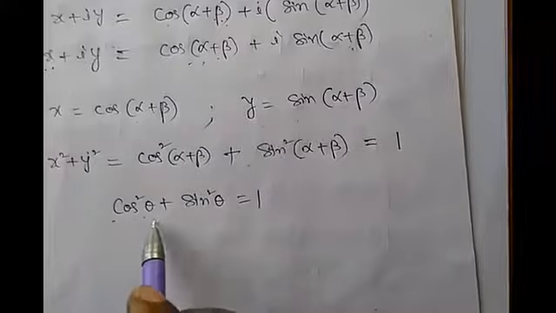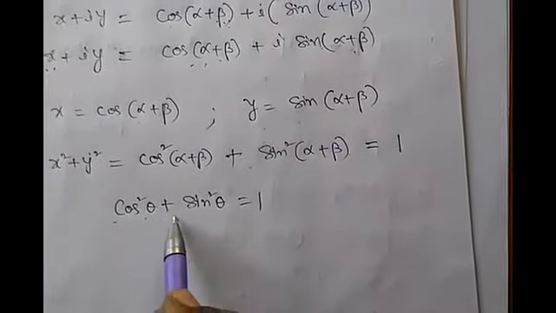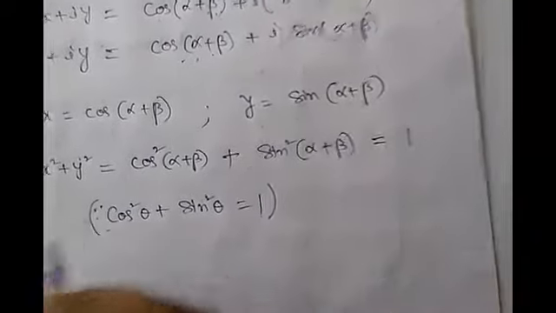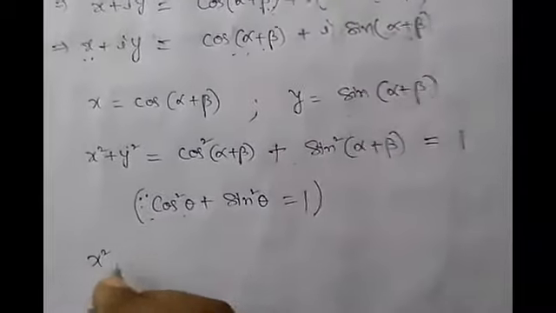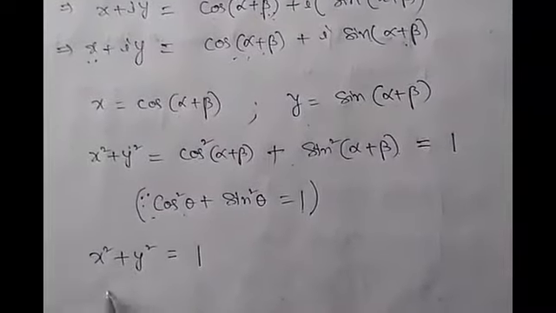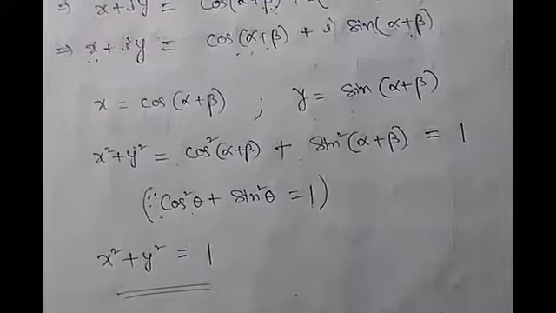We know cos square theta plus sin square theta equal to 1. By using this identity, the value of x square plus y square is 1. Hence proved.